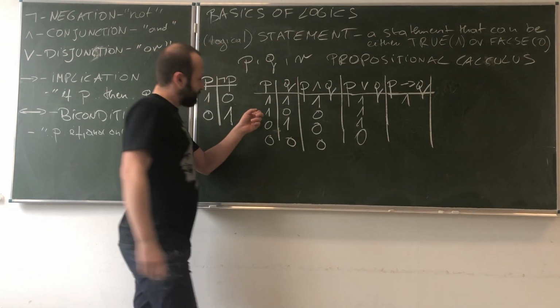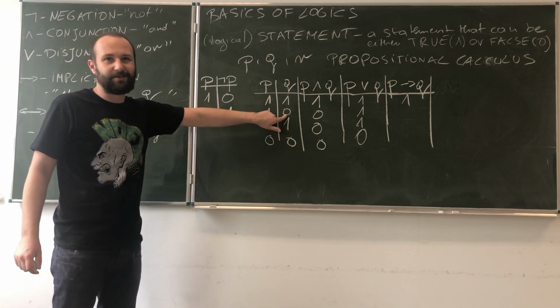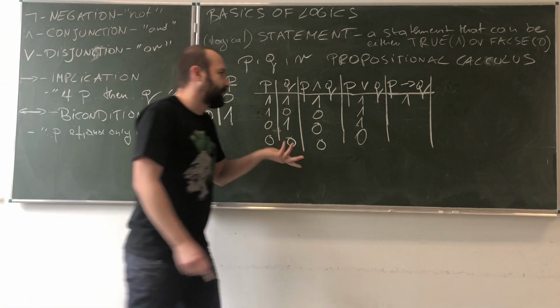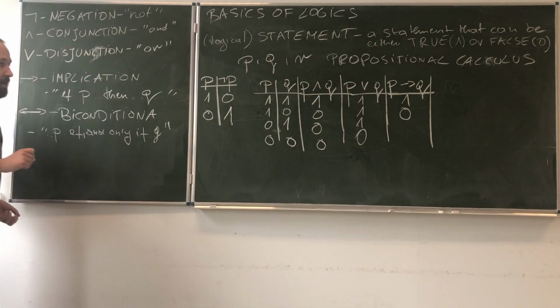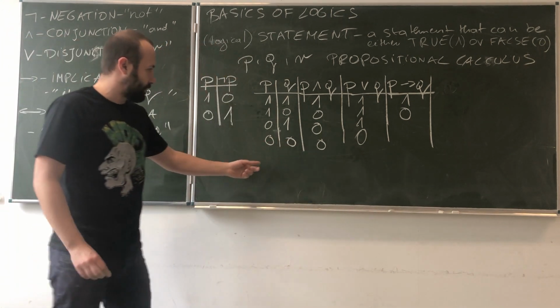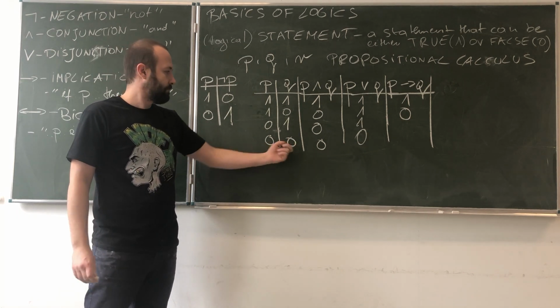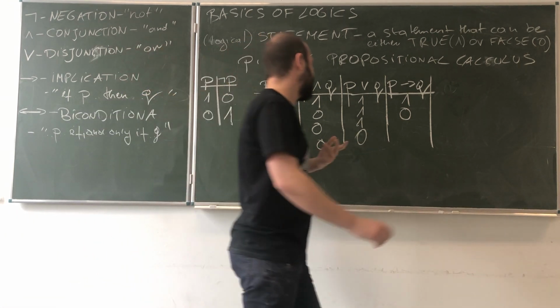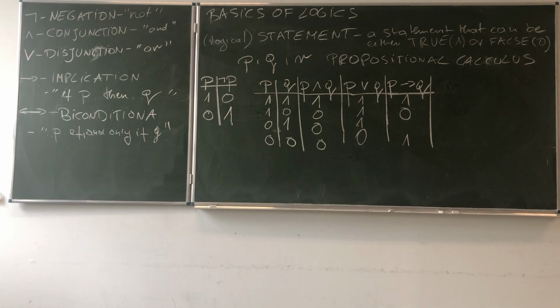Okay, now, if something truthful implies something false, well, clearly the entire statement must be false. Now, let's go to the bottom. If something false implies something false, the entire statement is truthful because one falsehood leads to the other.